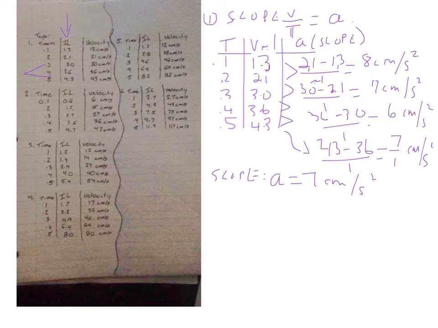Change that for me. I might have to call you and check on that, because now that we're done number 1 and we worked out the acceleration, you could say that for whatever angle you were using for angle 1, say it was 30 degrees or something, the acceleration is 7 centimeters per second squared.